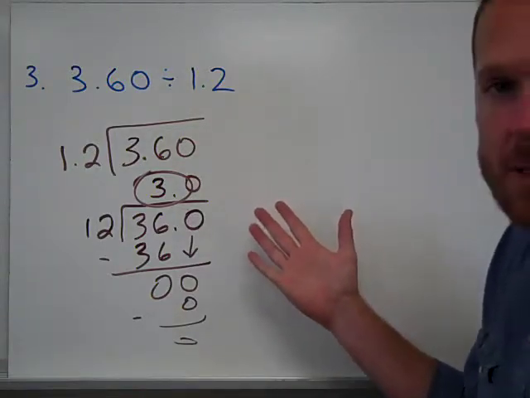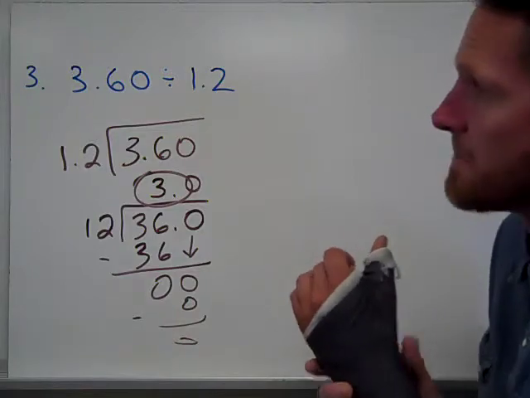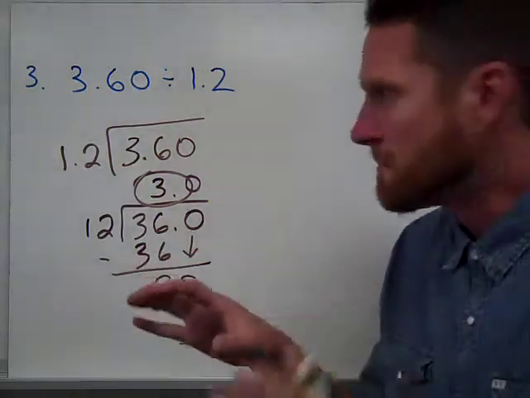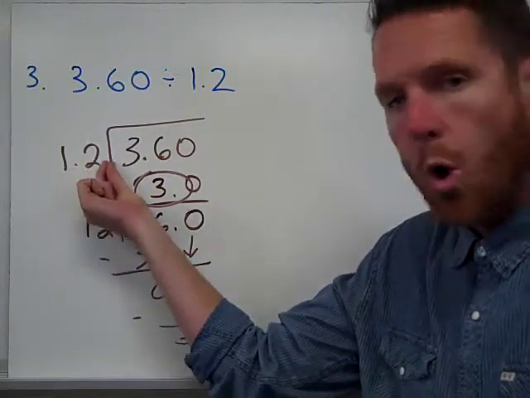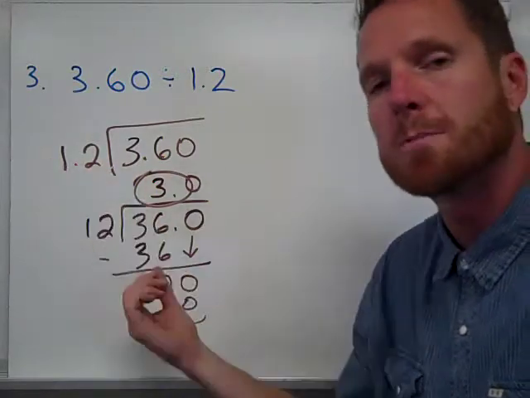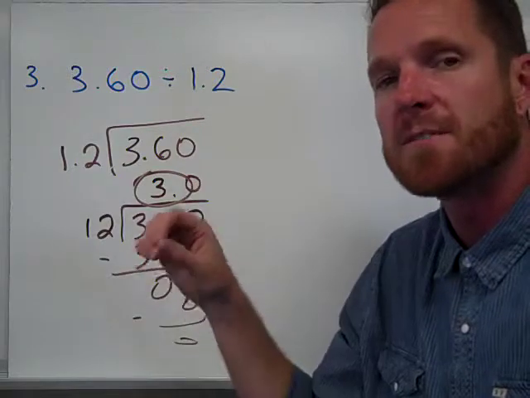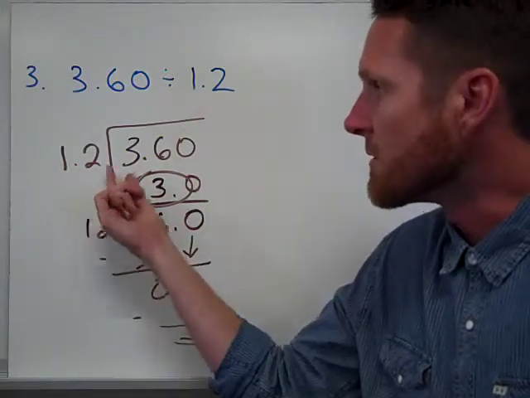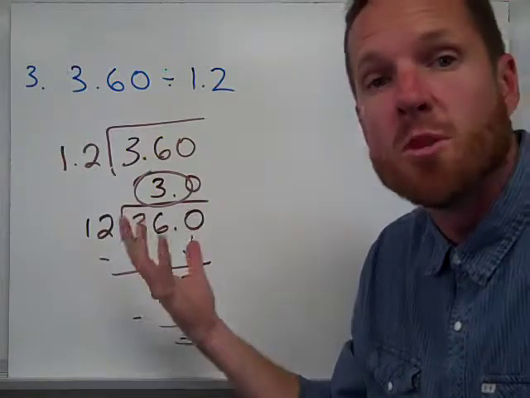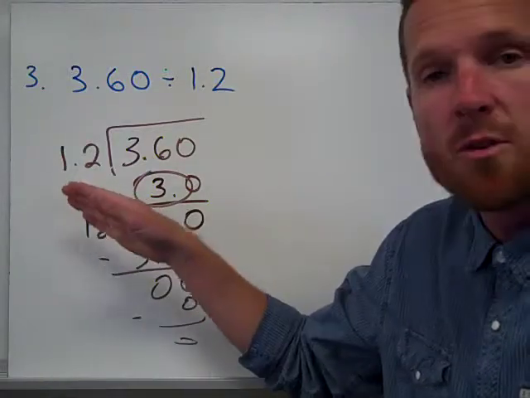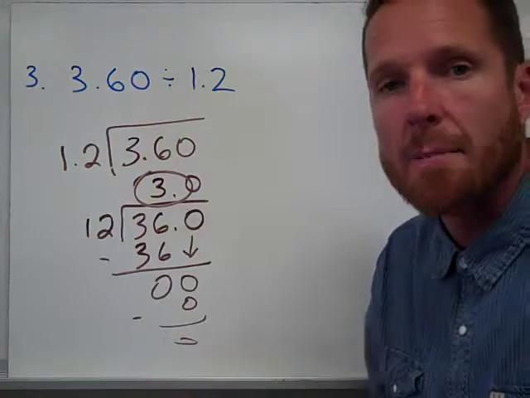That is basically what we're going to be doing. All it is is making sure that when you divide by a decimal, the number on the outside is a whole number. In order to do that, you multiply by the number that moves it over. If I need to move it over 1 place value, I multiply by 10.